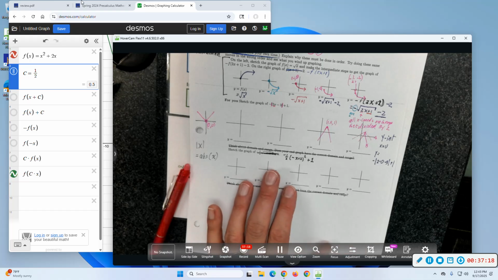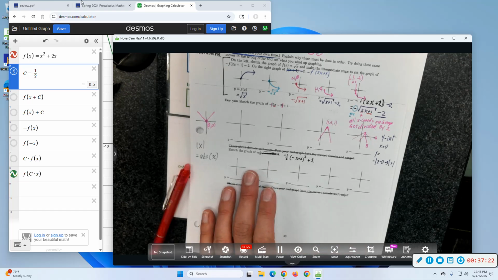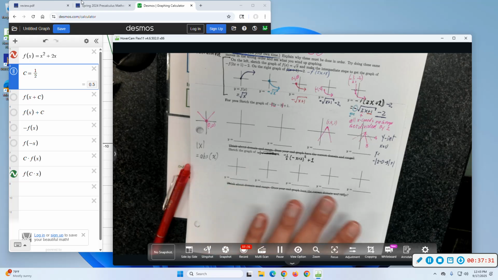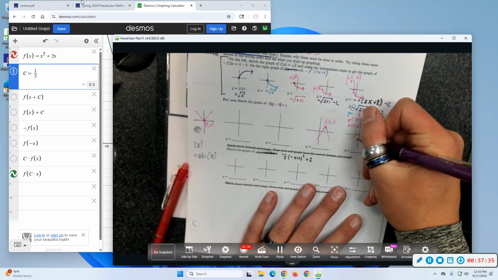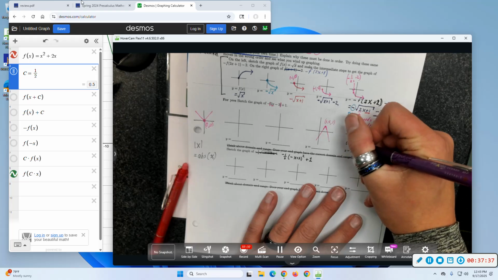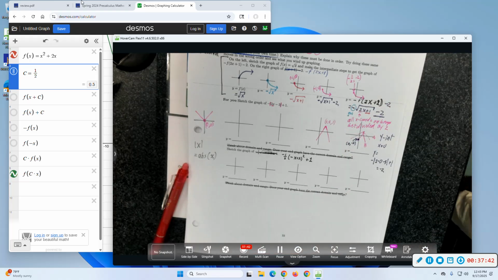You stare at that for a little bit, and where is the y-intercept? Yeah, we're eventually getting a y value of negative 2. Okay. So, yeah, down there at 0, negative 2. Cool. That feel pretty all right?